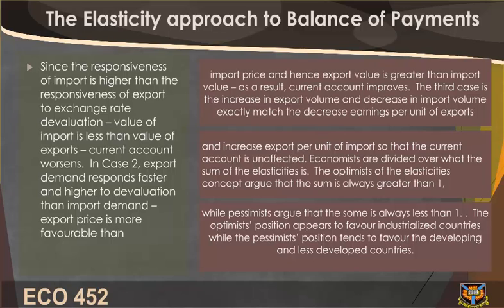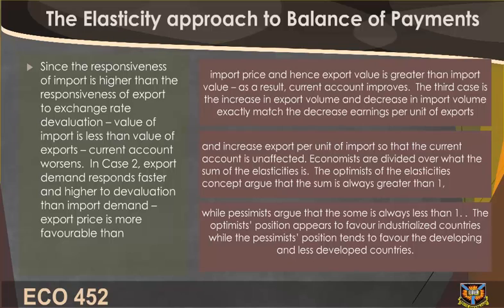Export price is more favorable than import price and hence export value is greater than import value. As a result, current account improves. The third case is where the increase in export volume and decrease in import volume exactly match the decrease in earnings per unit of export and increase in expense per unit of import, so that the current account is unaffected.